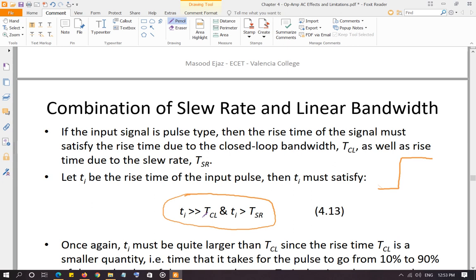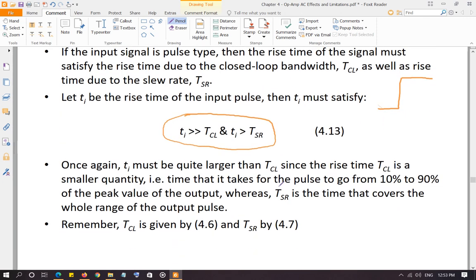So for the rise time due to the closed loop bandwidth, we use the quite larger inequality, and for the rise time due to the slew rate, we use just the larger inequality. So these two conditions must be satisfied in order for the output, if it's a pulse signal, to follow the input faithfully and linearly.